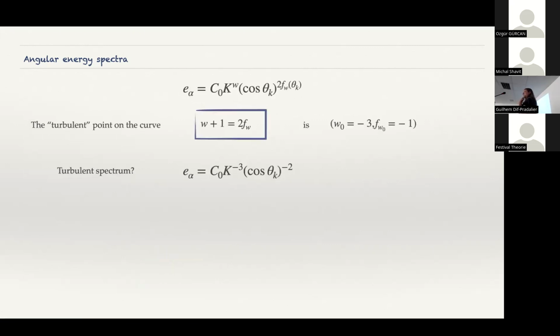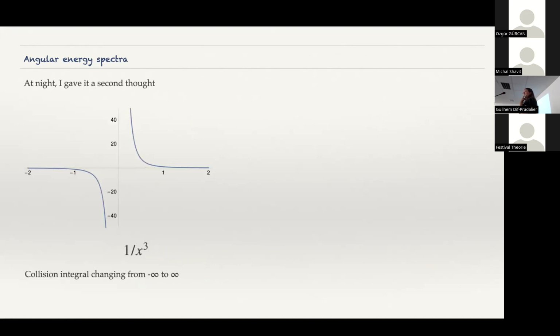And then if you go and plug it in the solution, in the kinetic equation, you'll get that the collision integral is diverging. But then if you take a closer look at this divergence, what you actually see is that it changes signs from plus infinity to minus infinity around a very special line, and this is the line where kx is equal to 0.